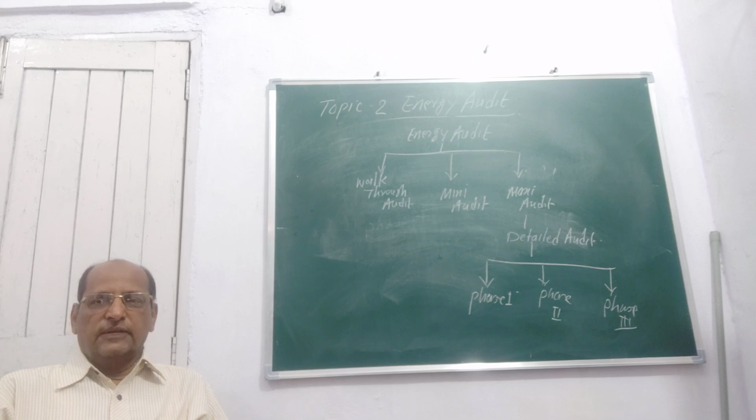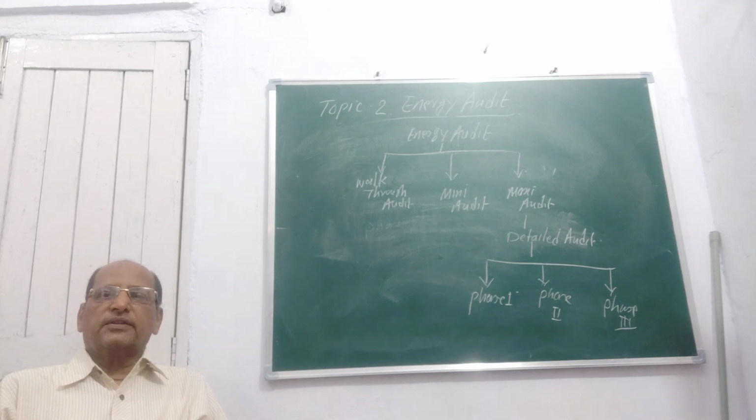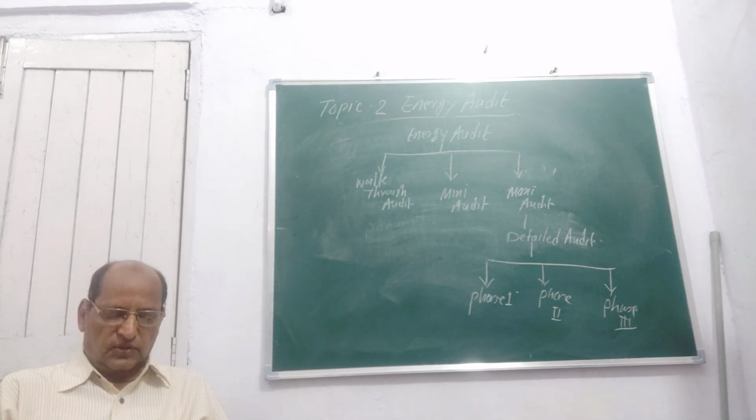You have to see all the detailed specifications of the machineries and of different loads, and list out all these loads. According to that, you have to find out their standard consumption by calculation of kilowatt hour or the unit consumption.